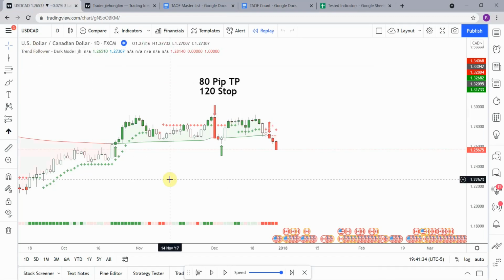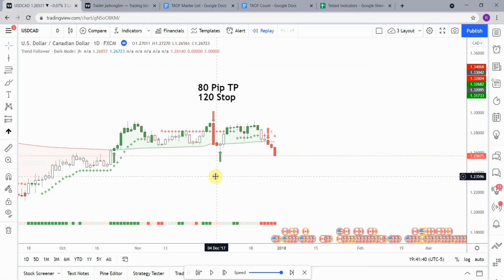Alright, so today's indicator is the trend follower indicator, and you can see it here on screen. Now in the description, the creator of this indicator said that it is based off of the no-nonsense Forex style system, and so it's basically an indicator that has been put together with lots of other indicators, or a few other indicators at least.